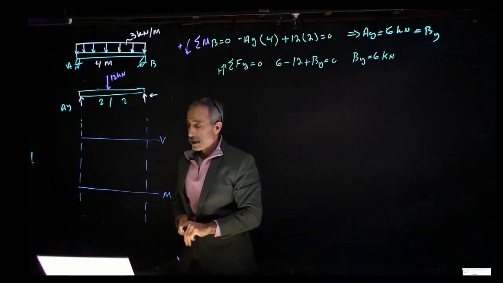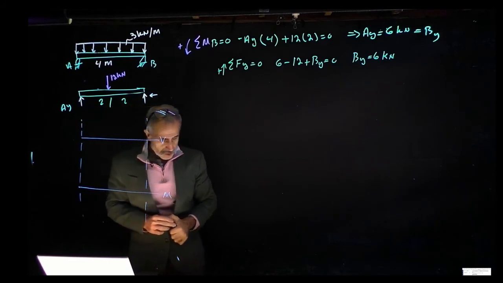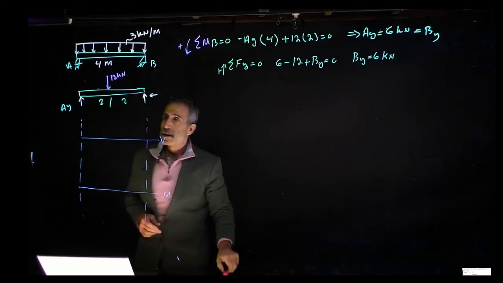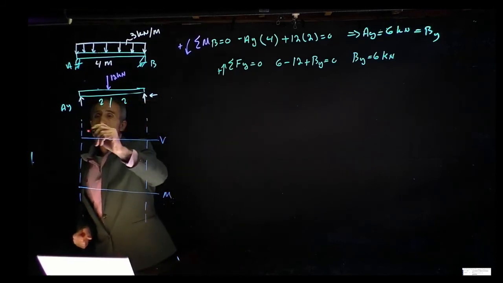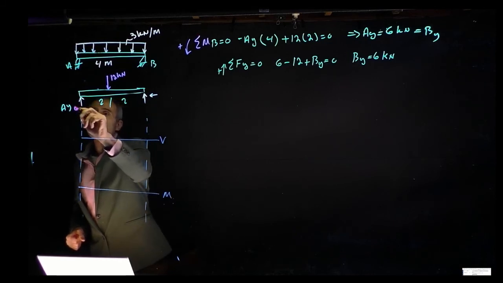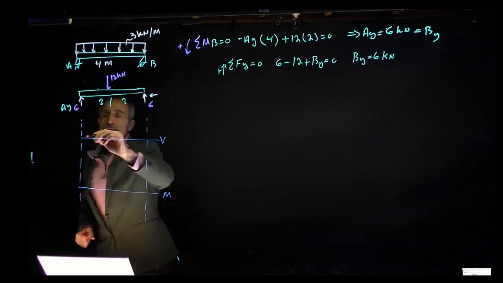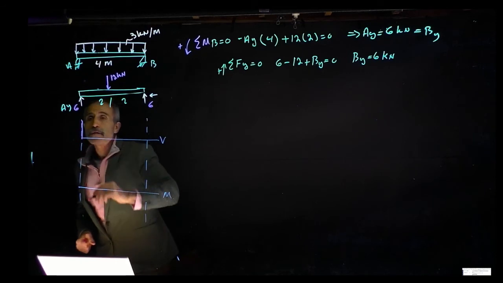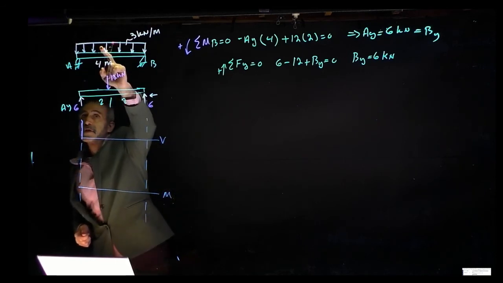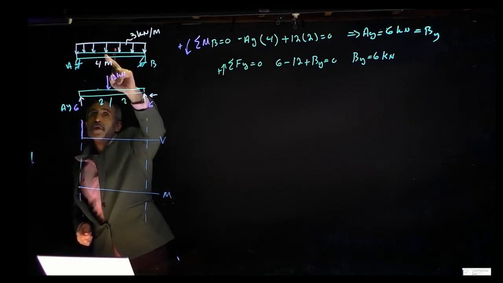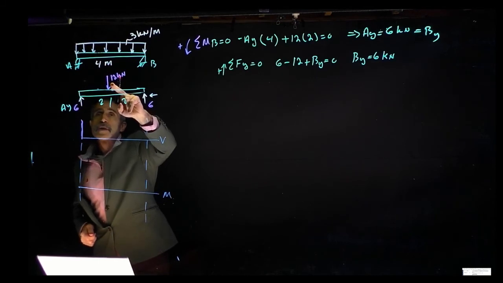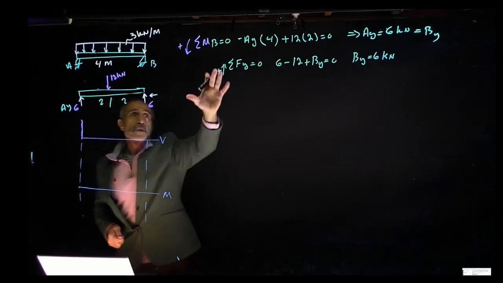All right. So let's do the shear diagram. The shear diagram says this is going up 6. This is a 6 right here, and this is a 6. So it goes up 6 right here. Now be careful here. We have a uniform load. We just made it a concentrated load to simplify so we can do this.